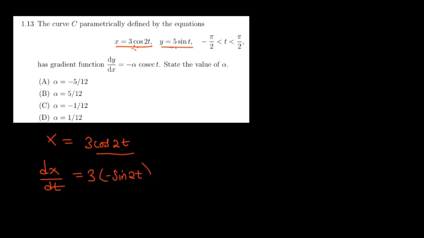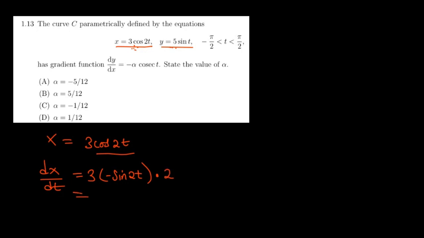So x is equal to 3 cos 2t. If I find my dx/dt, if I differentiate this with respect to t, I'm going to get 3. Then what is the derivative of cos? It's a minus sine, and you maintain the angle. Here I'm using the chain rule, so I also multiply by the derivative of the angle, which is just 2.